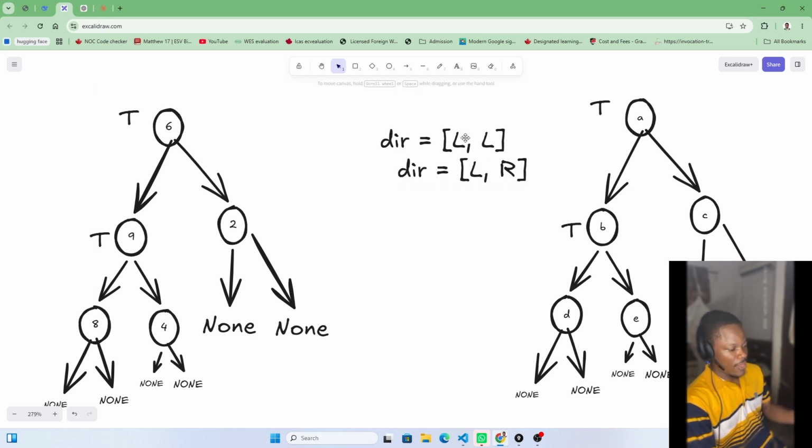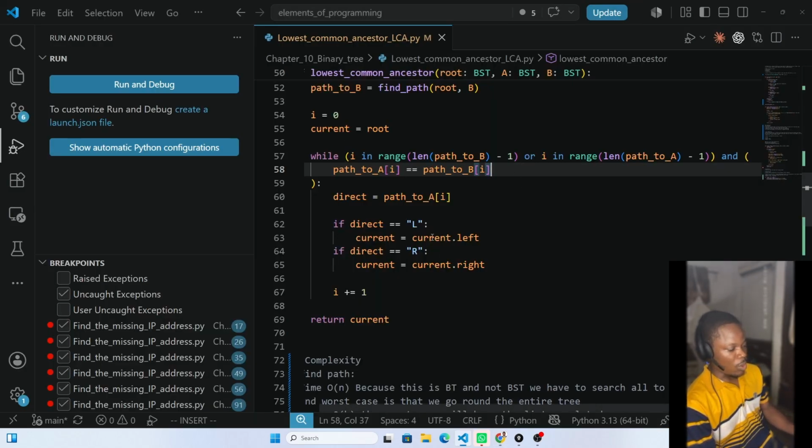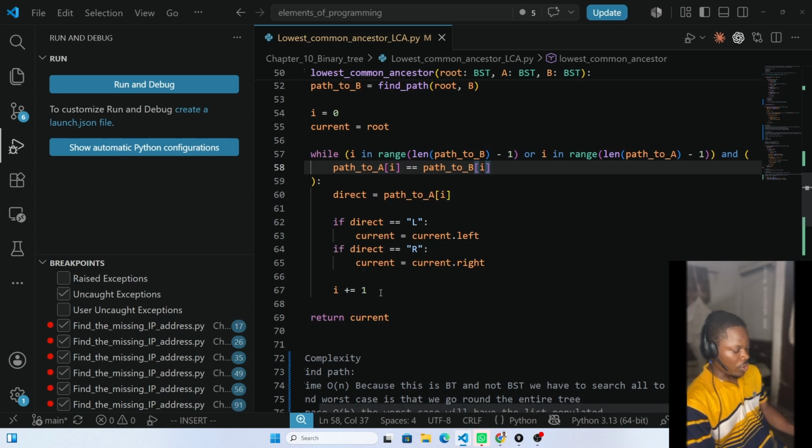So we are saying this condition is met because the index of 0, L and L are the same, but L and R are not the same. So immediately we find this index where the two of them don't match, we should break the while loop and basically return the current.